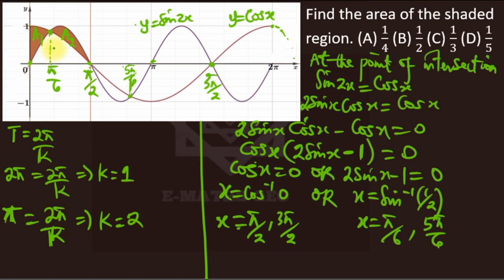We'll add it. So for A1, the upper function is cosine. For A2, the upper function is sine. So we now have that the area is A1 plus A2.